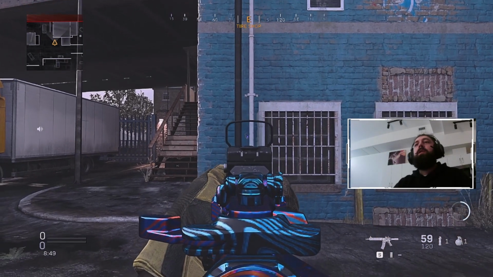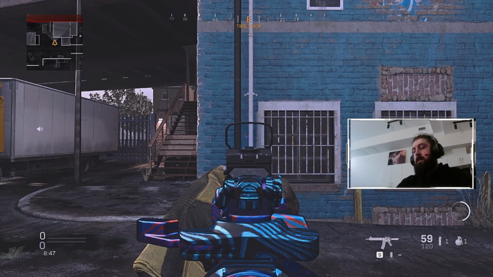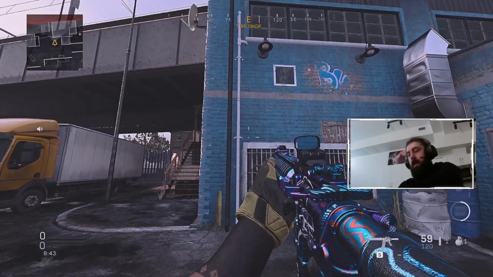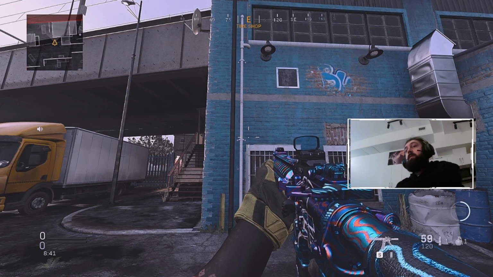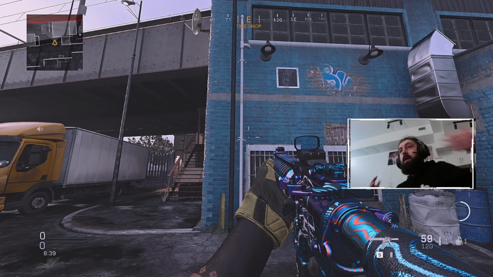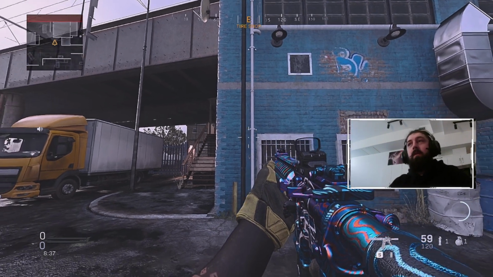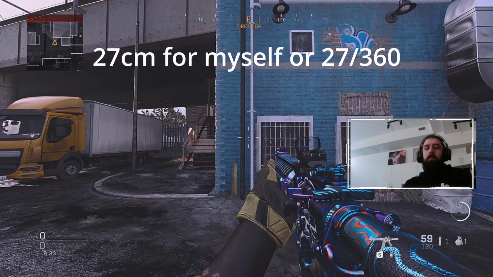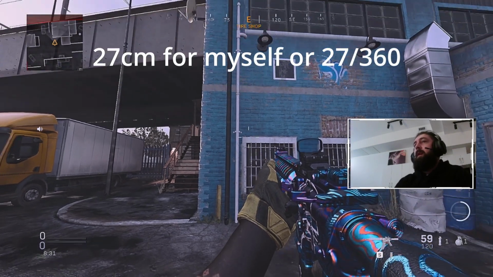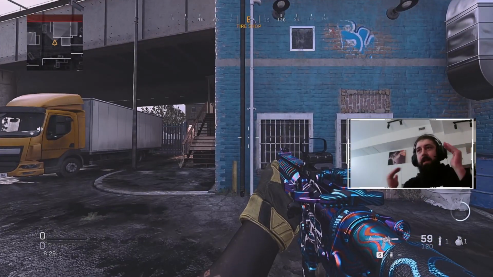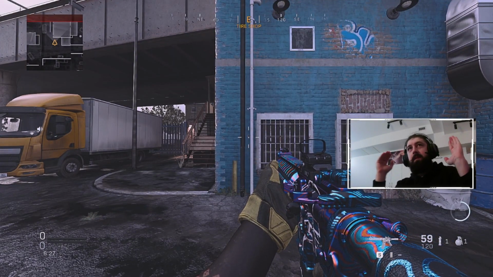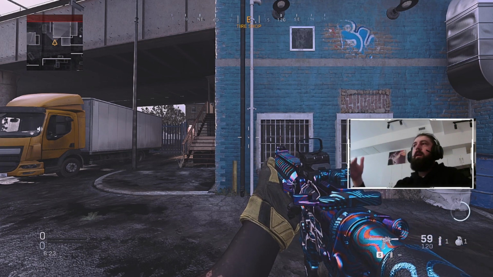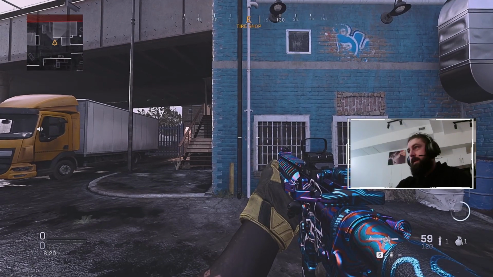So from right to left, how many centimeters did it take you? And that's your in-game sensitivity with DPI and in-game sensitivity.